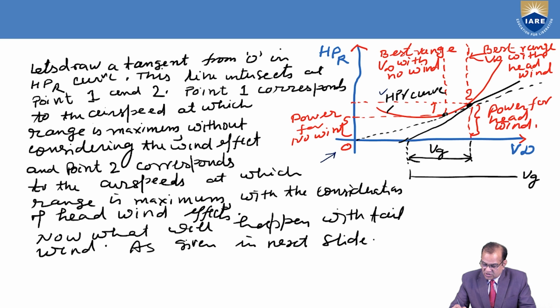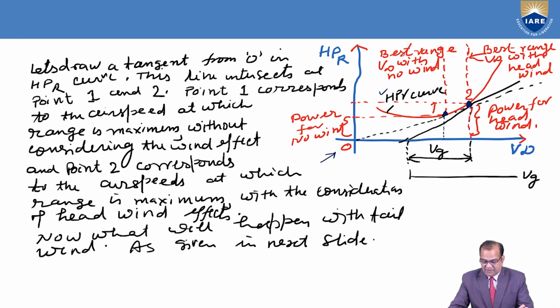So at this point 1, it is considered the maximum range velocity. Point 2 corresponds to the airspeed at which the range is maximum with the consideration of headwind effects. So for the headwind you have to fly at this.